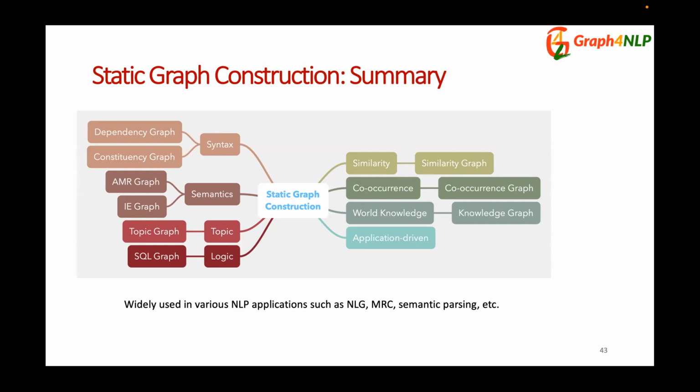Which static graph to construct really depends on the specific NLP application. For instance, for the task of multi-hop machine reading comprehension, information such as entities and entity co-references across the documents is usually quite helpful. So this kind of static graph construction can be helpful for this task.